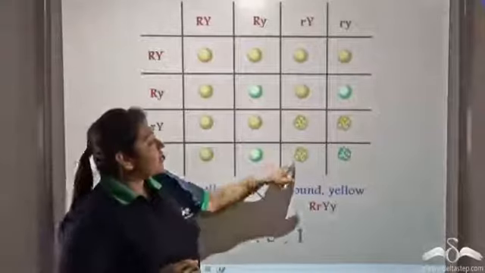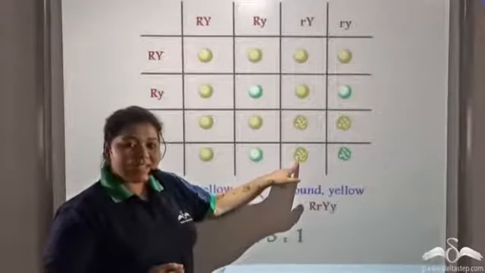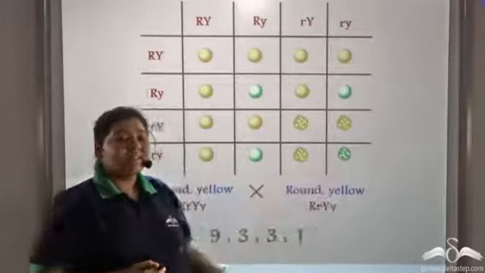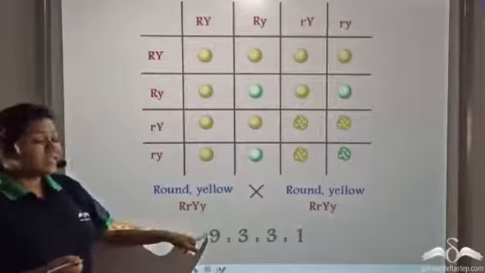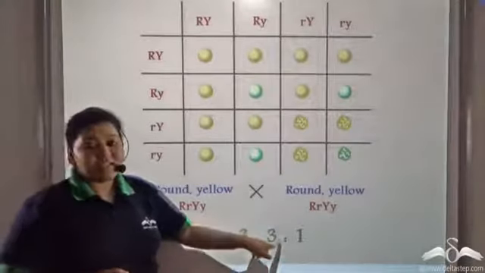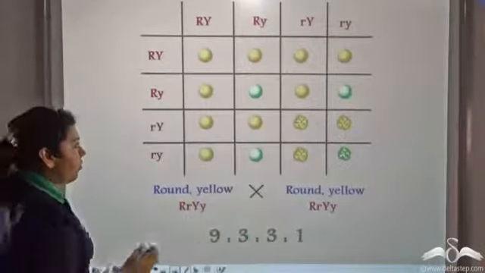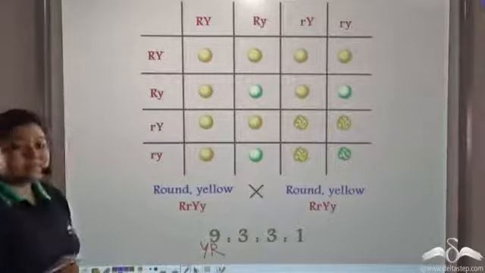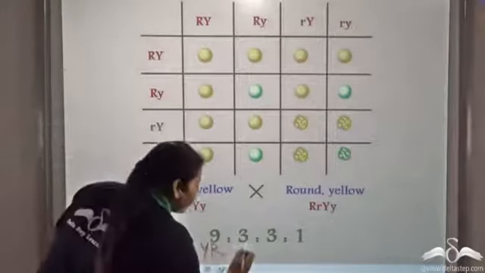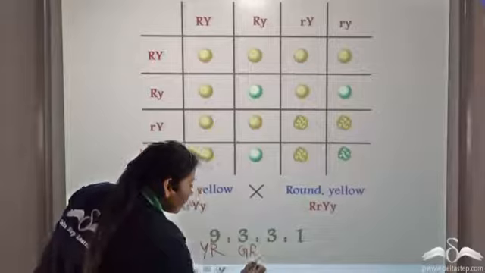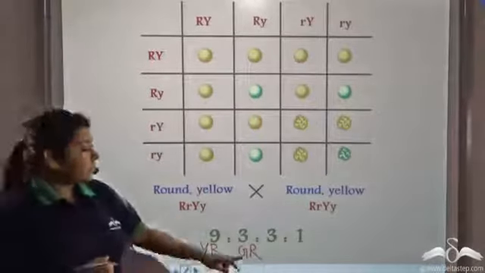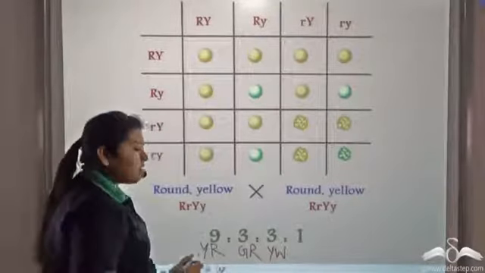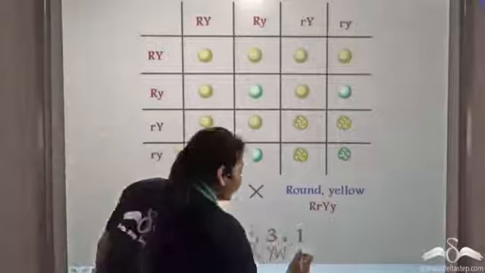There are 3 wrinkled and yellow seeds, and only 1 green and wrinkled seed. So the phenotypic ratio is 9:3:3:1, for yellow round, 3 green round, 3 yellow wrinkled, and 1 green wrinkled.